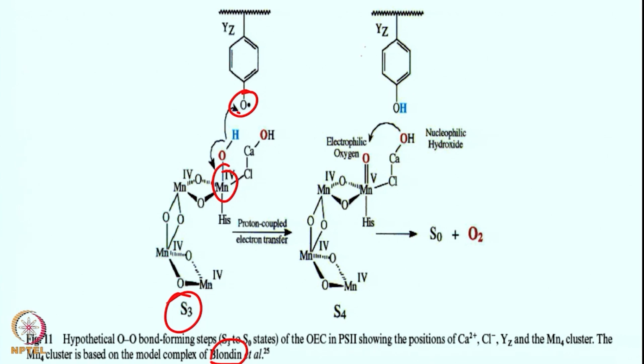But overall this phenol is forming, as you can see over here, and manganese 5 oxo is formed, and calcium hydroxo is nicely coupled with the manganese center, where this attack can take place and the oxygen bond can be formed.